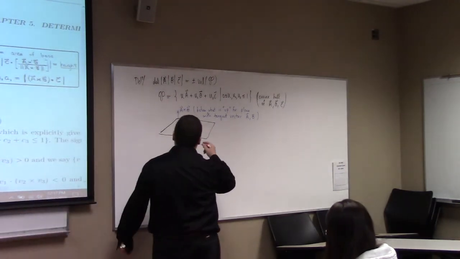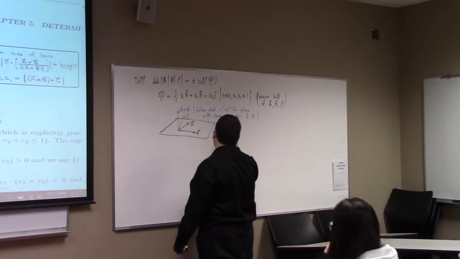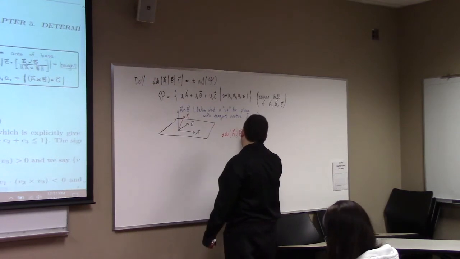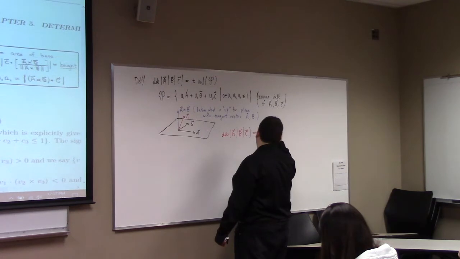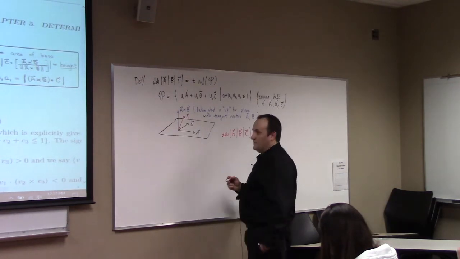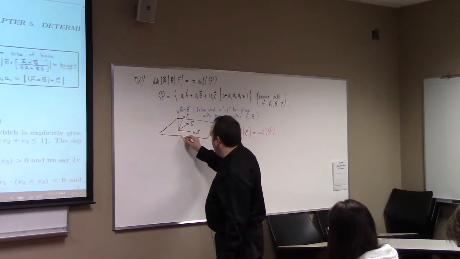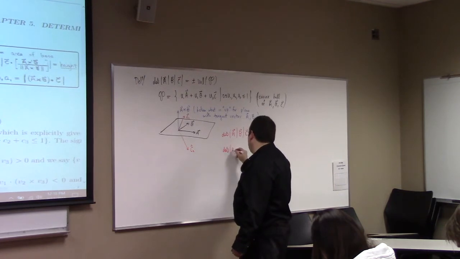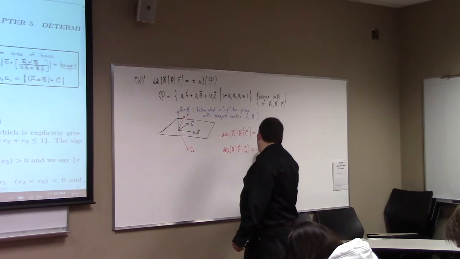So if C looked like this, for example, let me call that C1, then the determinant of A, B, C1 would actually be equal to the volume of P, right? On the other hand, if C2, if this vector is actually below the plane, then the determinant of A, B, and C2 will actually be minus the volume of the parallelepiped.